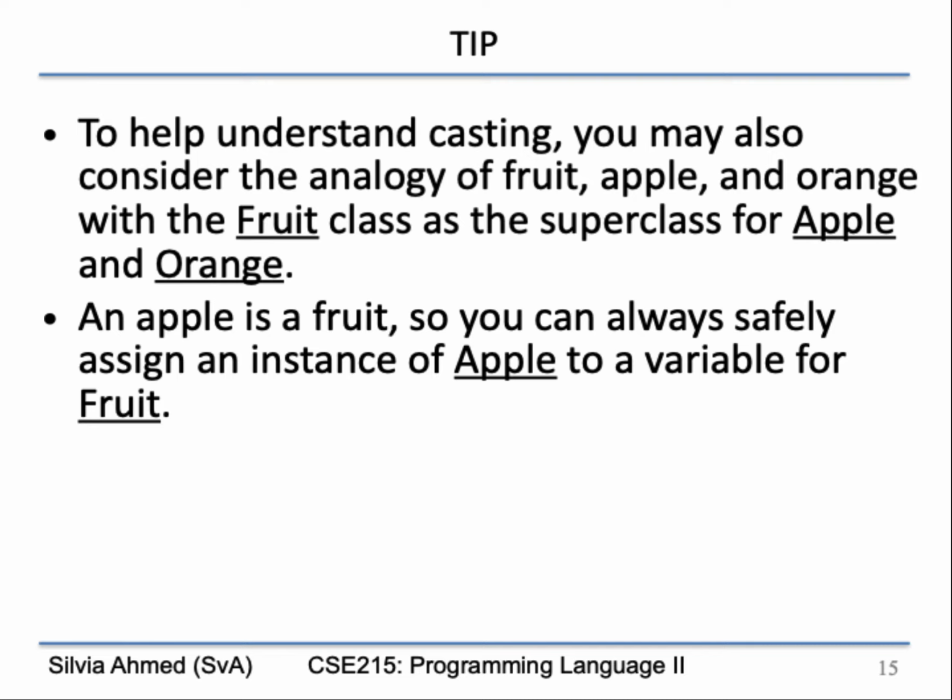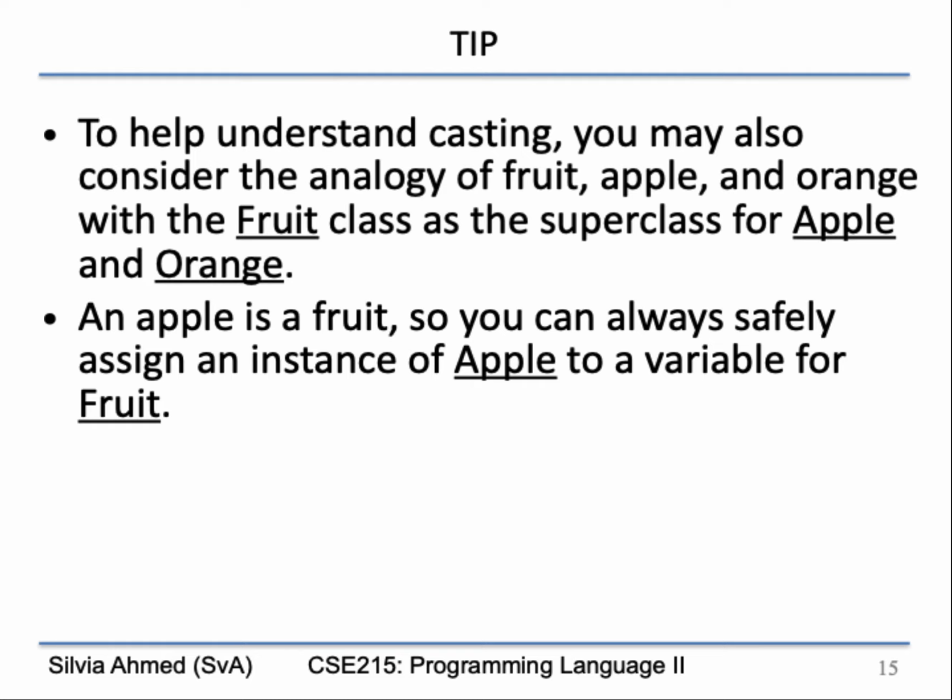But let's say I know that you have some fruit. That fruit can be anything: apple, orange, banana. But what I require specifically is an apple. So if you give me the fruit you have, that may or may not be an apple.